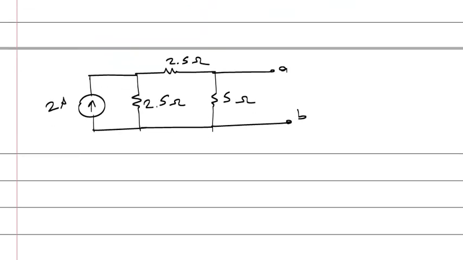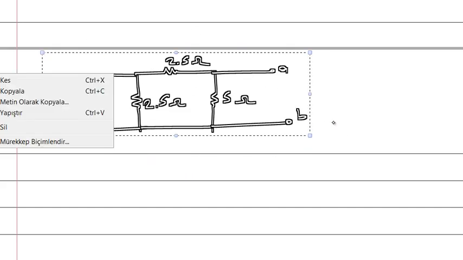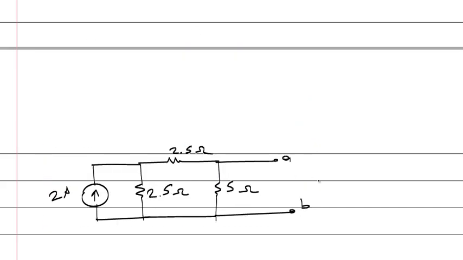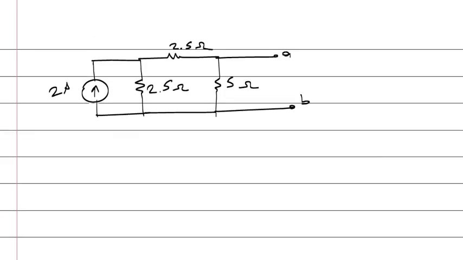And similarly, I will continue to transform between Norton and thevenin shape to reduce my circuit. Now there is a Norton shape here. I will reject it and replace it with a thevenin shape.